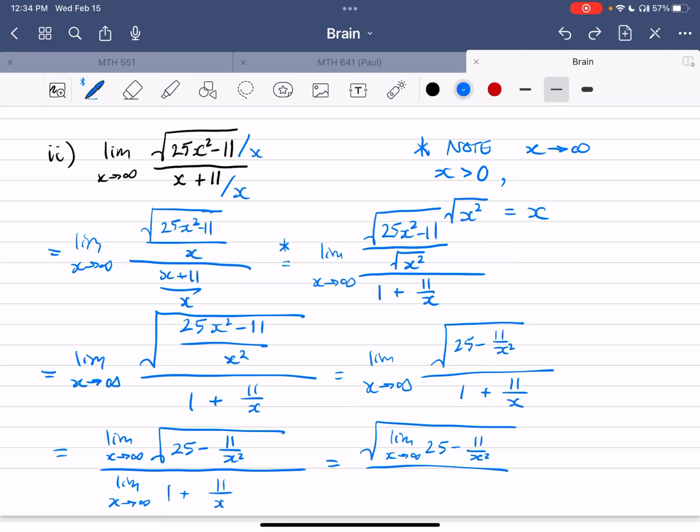The limit of a constant is a constant, and then 11 over x goes to 0. And then we'll do the same in the numerator, and we get the square root of 25 minus 0, divided by 1. The square root of 25 is 5, divided by 1 is just 5. All right, nice.